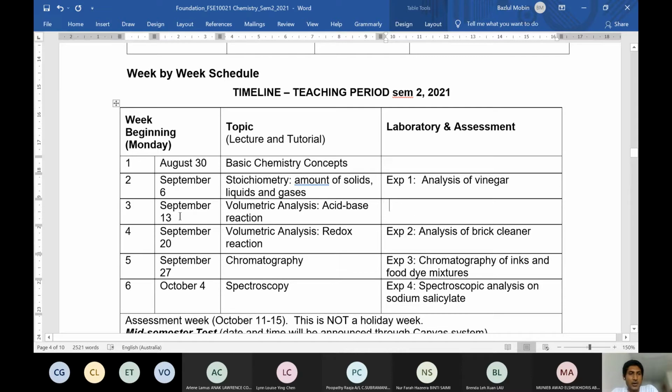Week 3, that will start on September 13, we will not have any lab. All right. I kept this time to see if students are coping with this arrangement, if you have any question or if you don't understand the formation of the lab report, the construction of the assignment, all those things.